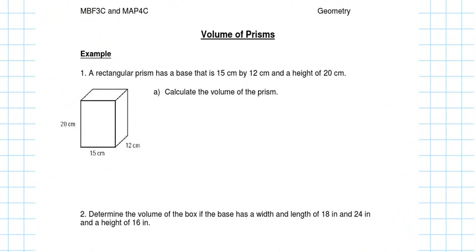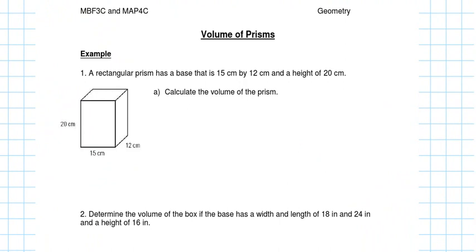I need the length, the width, and the height. If I multiply my length, width, and height, that gives me the volume of my whole prism, how much material I can fit inside that prism.